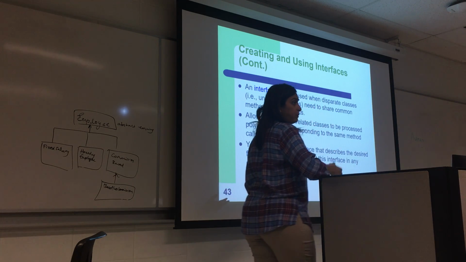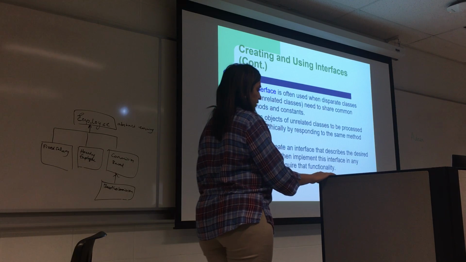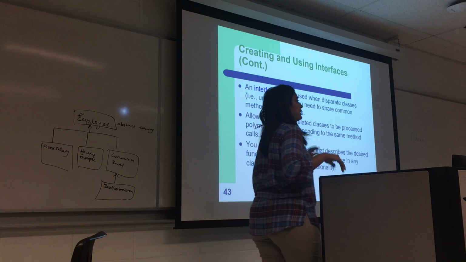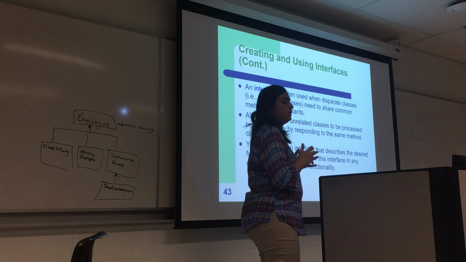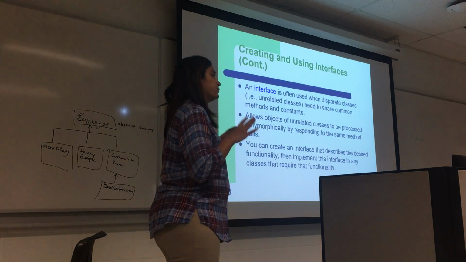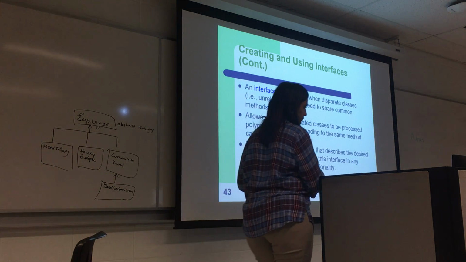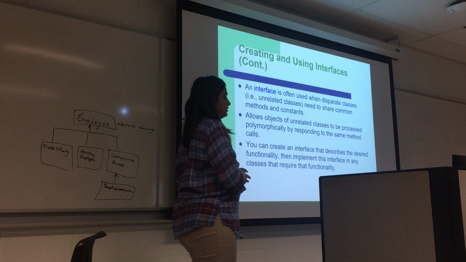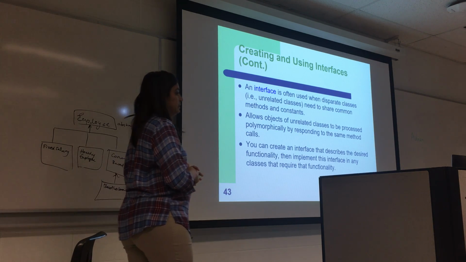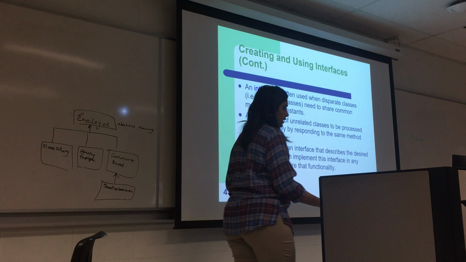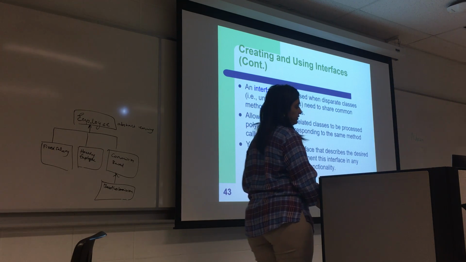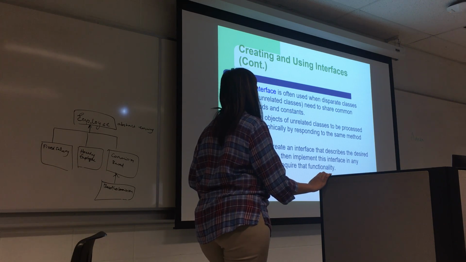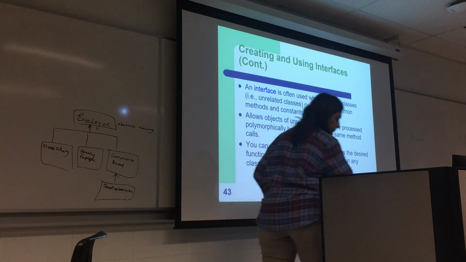It is up to the program designer, but usually in the general case, when classes are unrelated, interfaces are used to show common methods or constants that need to be shared among these classes. Interfaces allow objects of unrelated classes to be processed polymorphically with the same method calls. You can create an interface that describes the desired functionality, then implement this interface in any class that requires that functionality.